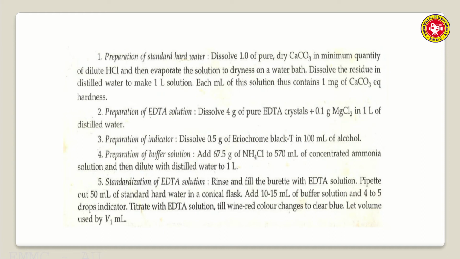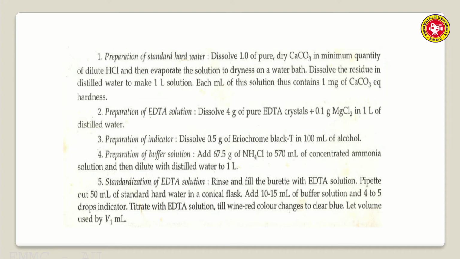Shake it thoroughly in a 1 liter SMF. You are going to collect the dry residue of calcium carbonate and HCl. Now what has happened is calcium carbonate has been converted into calcium chloride. Now this residue is being washed and collected and made up to 1 liter in the 1 liter SMF. Now the standard hard water is prepared in such a way that each 1 ml of that solution will contain 1 milligram of calcium carbonate equivalent hardness.